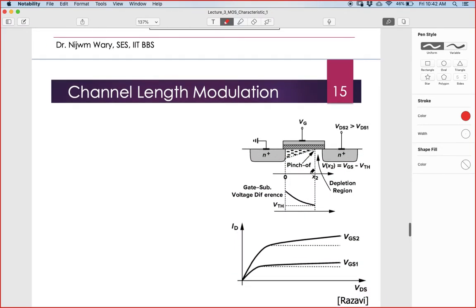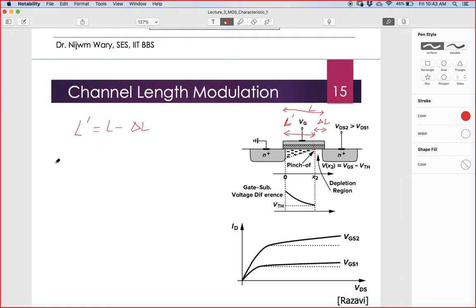As I have mentioned here, this is my L dash, and this is the total L. So I can write L dash as L minus delta L. Delta L is this one.